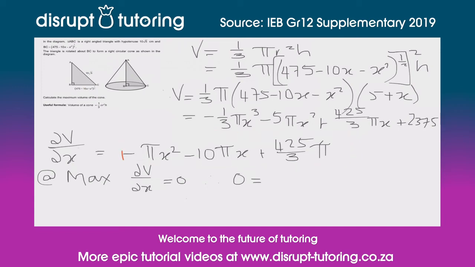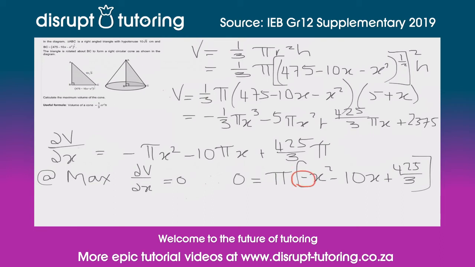How can I simplify this in a first step? Well, I'm going to pull out this pi and factorize it, and that gives us minus x squared minus 10x plus 425 over 3. What I should have probably done here, and it's always good to learn from my mistakes, is to make my life a little easier.